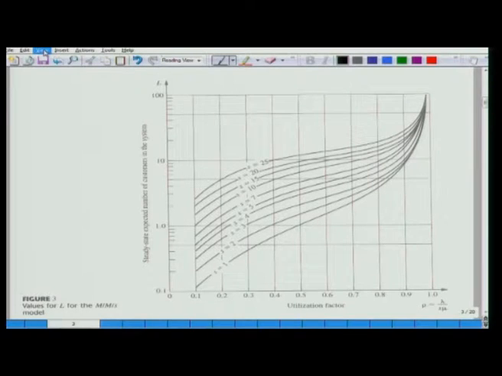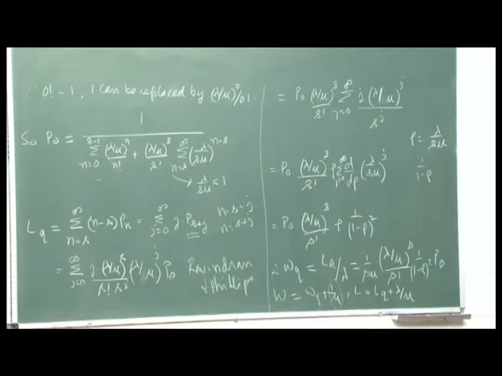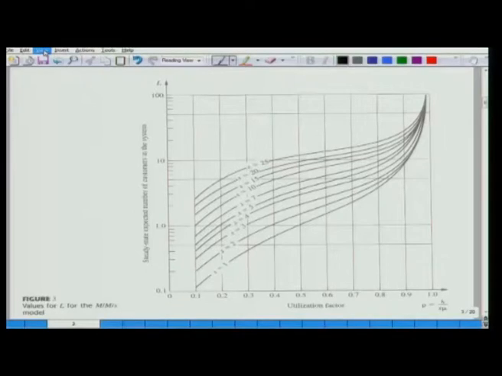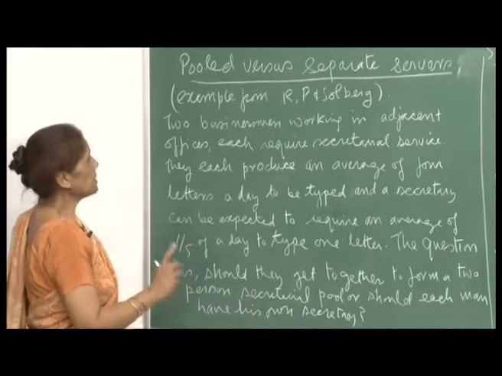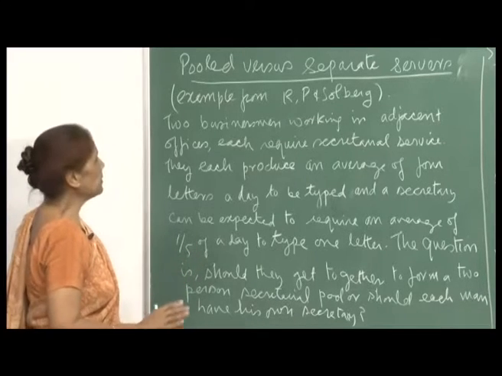Once you have computed L, you can find out LQ, WQ, and W. So, this is just to give you a feeling about multiple servers and how these quantities L, LQ, W, WQ behave.